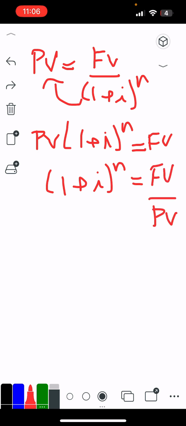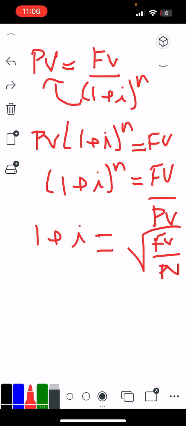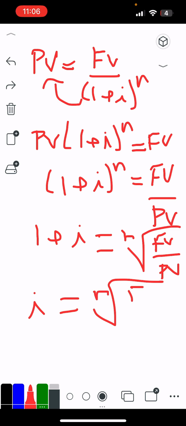Which means that 1 plus I is equal to the nth root of future value over present value. This is the nth root. All right, which means that your I equals the nth root of future value over present value, minus 1.